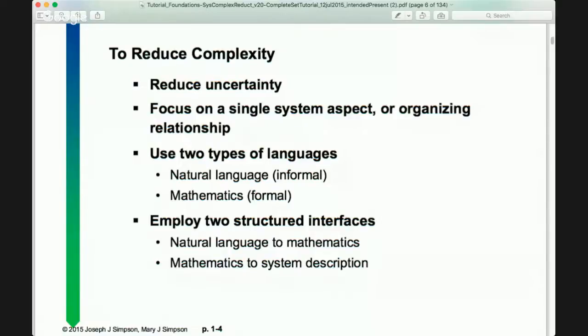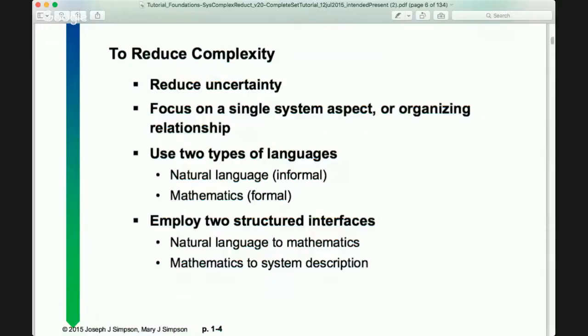The second aspect of reducing complexity is to focus on a single system aspect or organizing relationship at a time. So if you need to look at two or three or four aspects of the system, your approach should be to take each single system aspect or organizing relationship, create a model for that, and then integrate those models in a way that meets your goals.